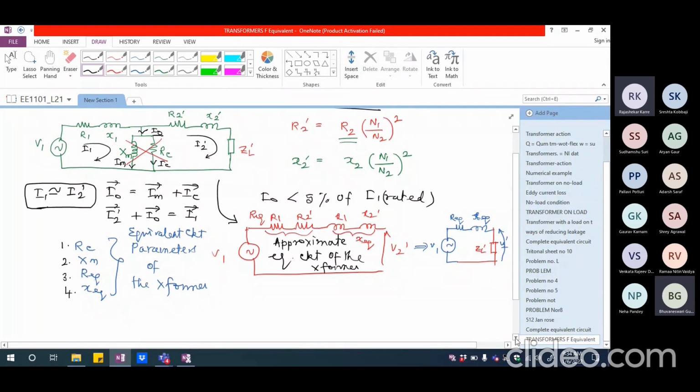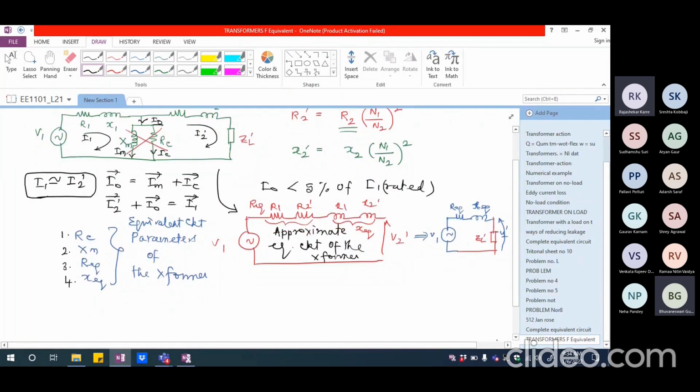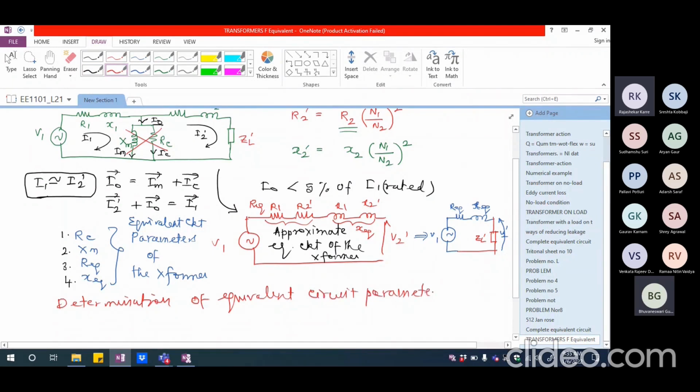So this is essentially leading us to how to determine the equivalent circuit parameters. Let us look at the determination of equivalent circuit parameters of the transformer, after which we look at the performance of the transformer.